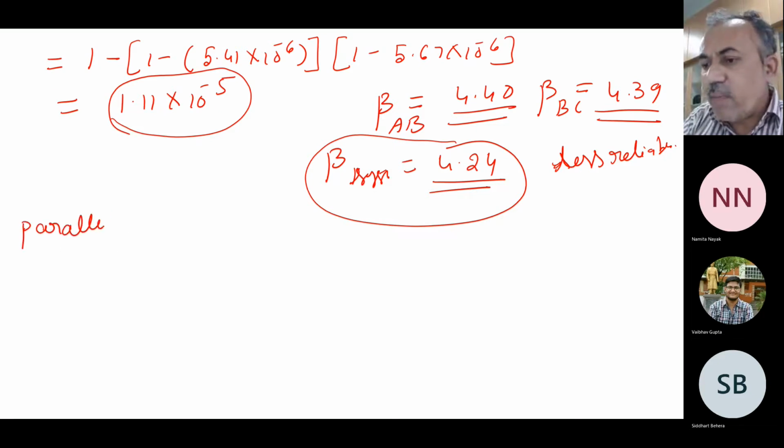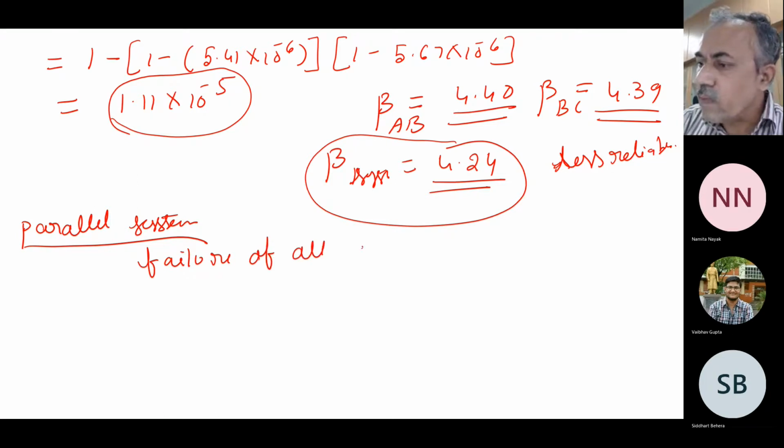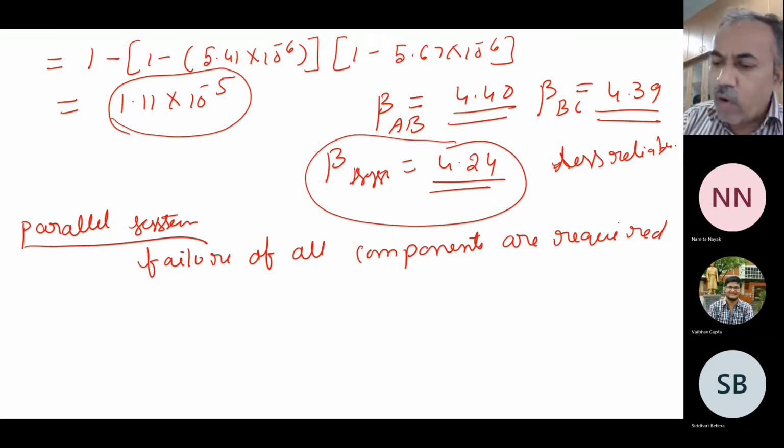When systems are in parallel, these are straightforward derivations only, very, very simple. As we already said, a parallel system means failure of all components is required for the overall system to fail.